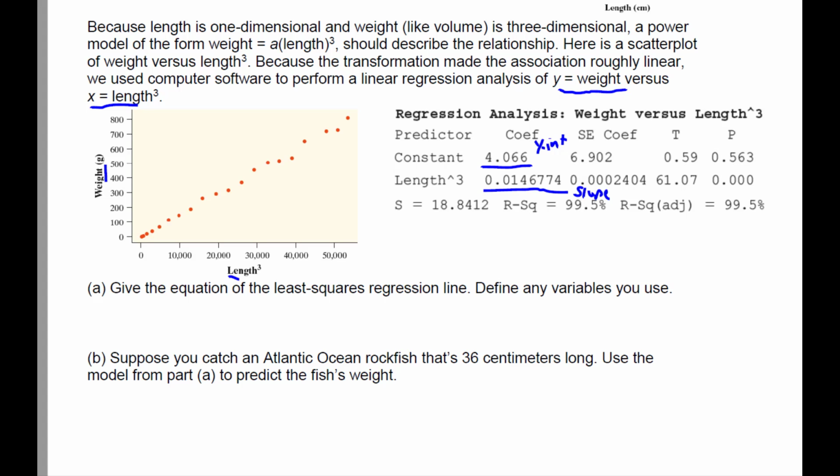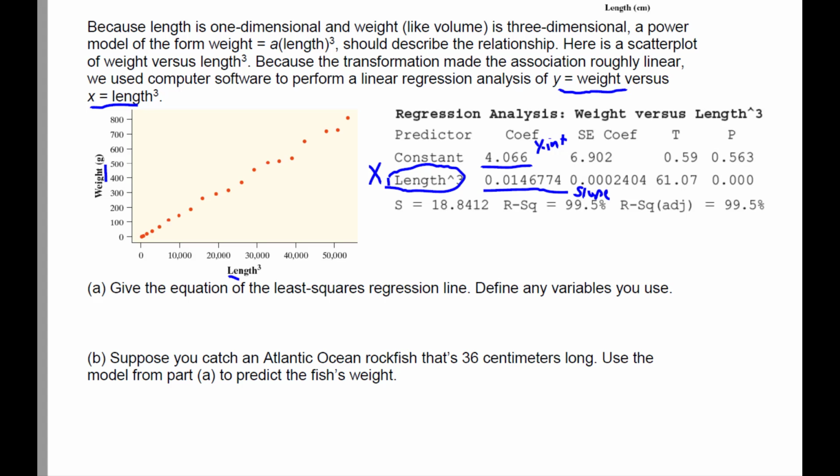And again, your x value is going to be your length cubed, because the problem tells us that, the last thing we underlined right there. That is your x value, the length cubed. So now we need to write the equation.